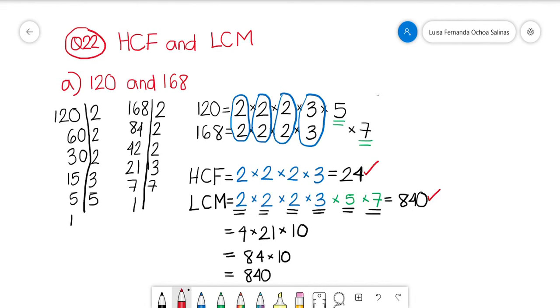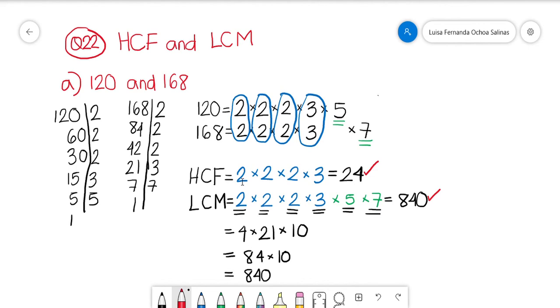Let me see if I'm here in Google Classroom. Ah, yes, I am in Google Classroom. Here, number and concepts, you have revision for test answers. If you open this one and scroll down to question 22, fantastic.